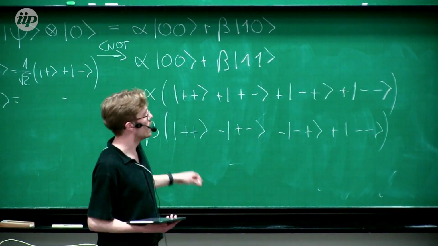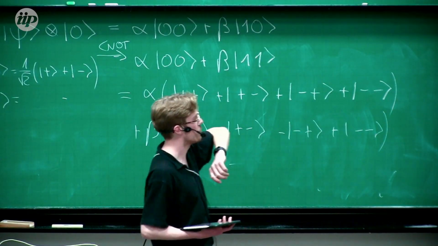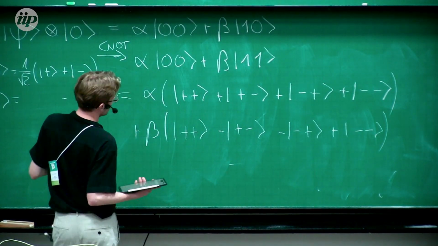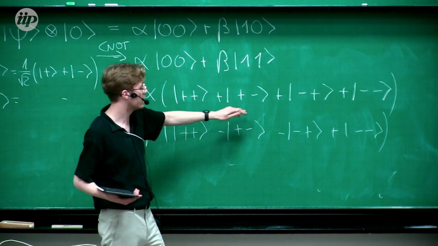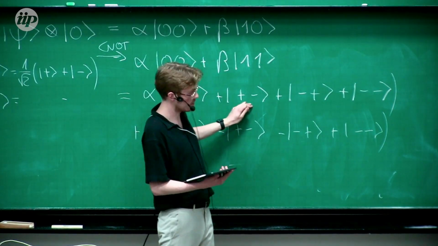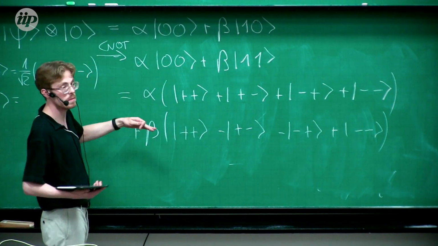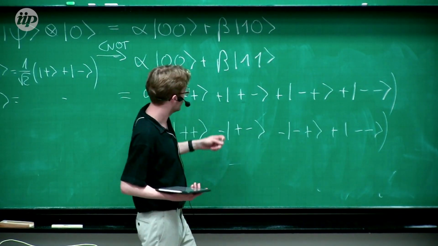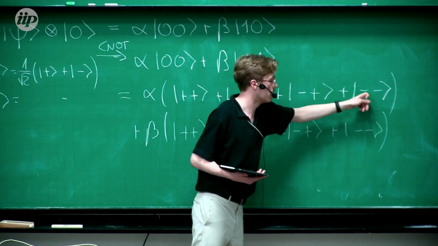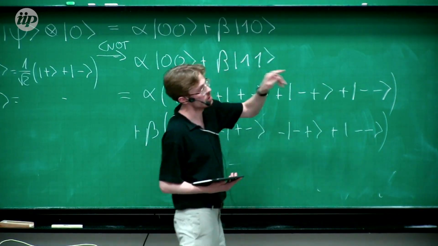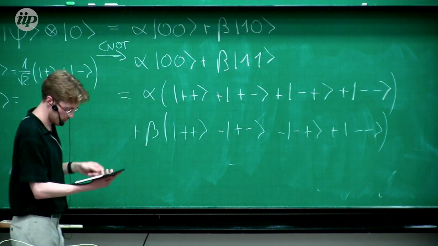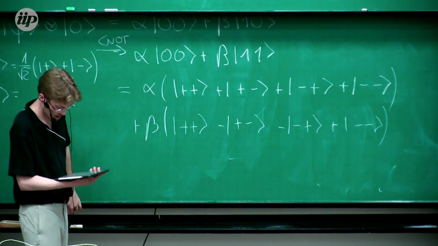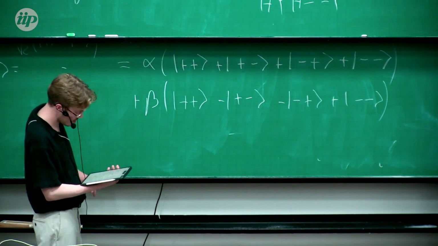Okay, I do this because I now measure the first qubit in the X basis. So I keep the states where we have a plus if the measurement outcome is +1, and I keep the states where we have a minus if the measurement outcome is -1. So we can check what states come out of there.